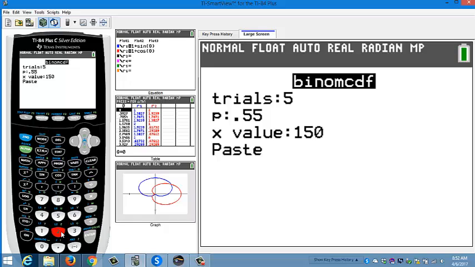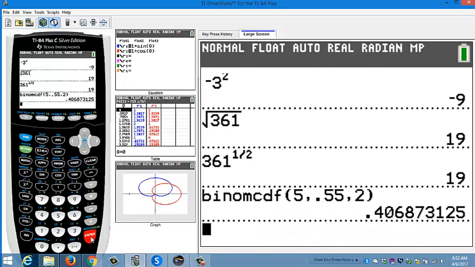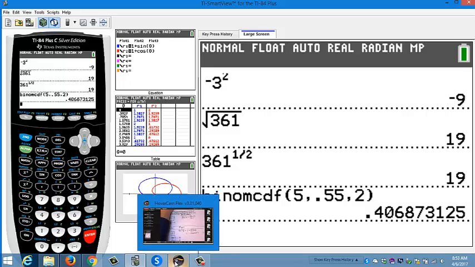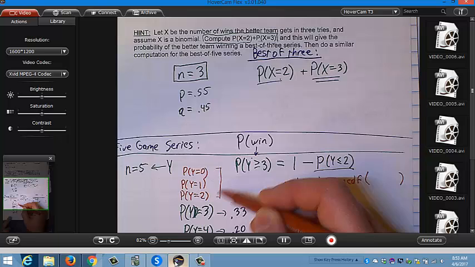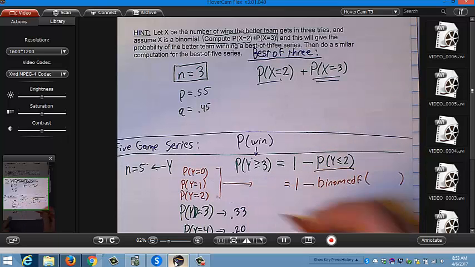And what that'll do is very quickly add up these 3 probabilities. So if I show you, we got about 41%, right? 0.4068. So what that does is add this up very quickly.